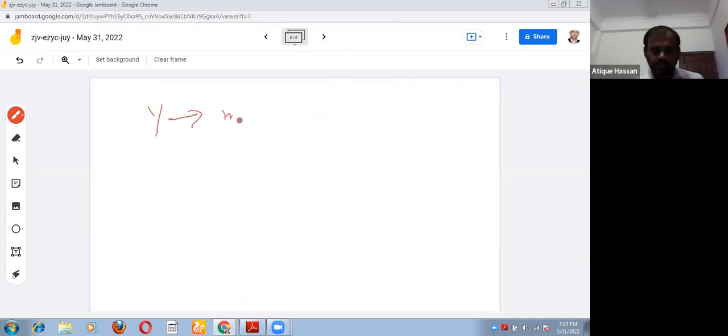Why am I teaching this? Because this concept will be used in our question. In that question, the same concept will be used. So here to find the maximum value of y, we will put dy by dx equal to 0.